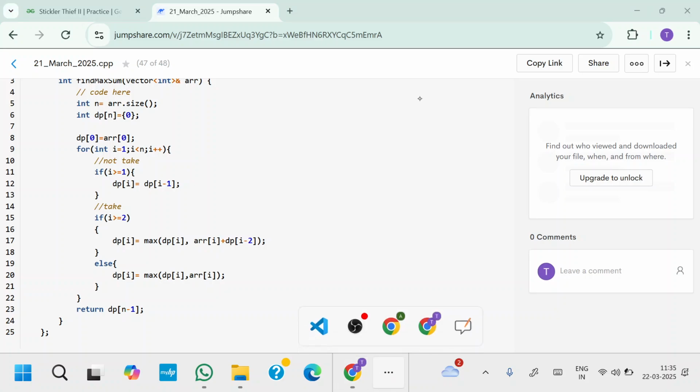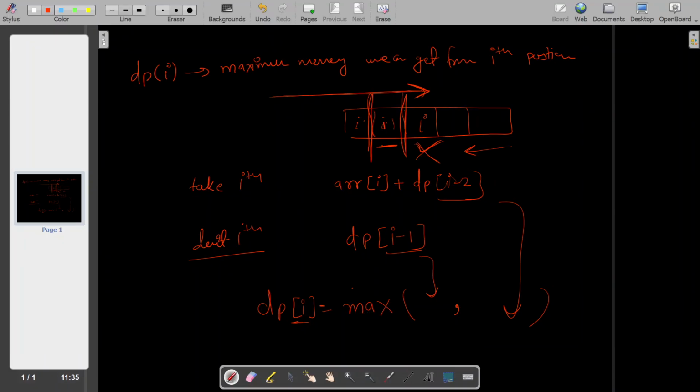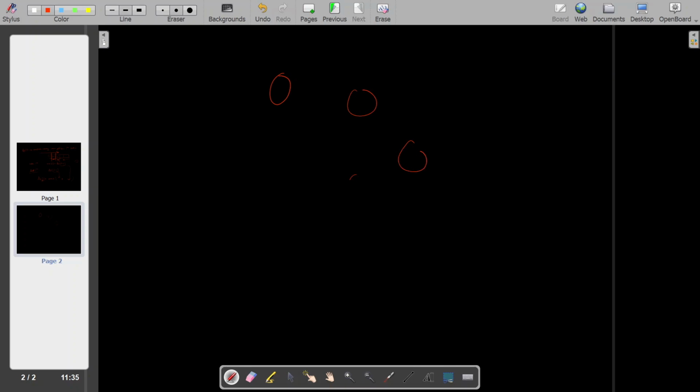Now in the circle case, we will write two parts of code. First, taking the first one.